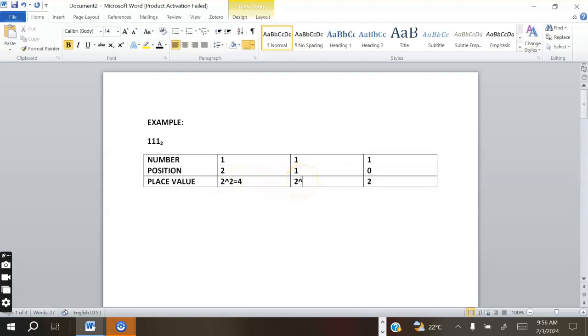Well, the other one, that is 2 raised to power 1, is supposed to give us 2. And lastly, 2 raised to power 0 is supposed to give us 1, the rules of integers. Okay, having done that, we move to the next step. You multiply each digit with its respective place value.